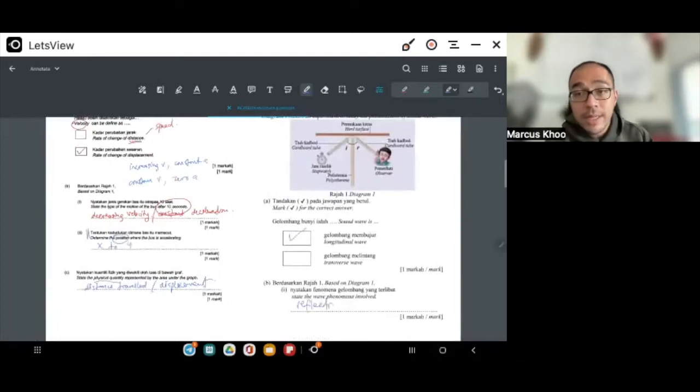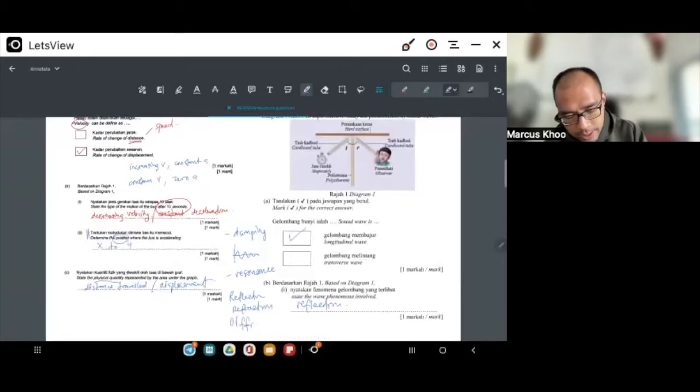Now in your syllabus, there are 6 wave phenomena that you need to remember. The first one is damping. Damping is where the wave becomes less and less strong. The second one is resonance, which is also considered a wave phenomenon. And then, of course, we have the big 4: reflection, refraction, diffraction, and lastly interference.